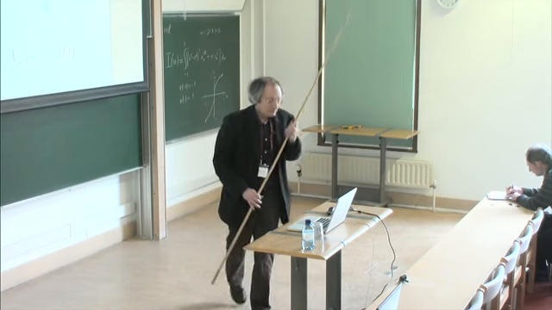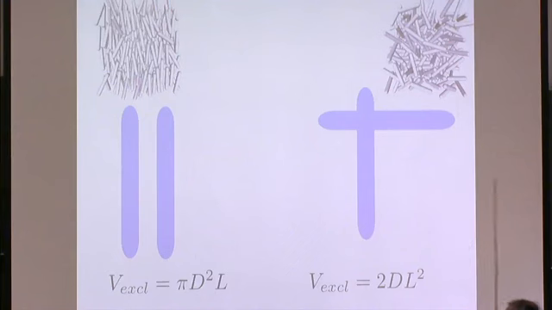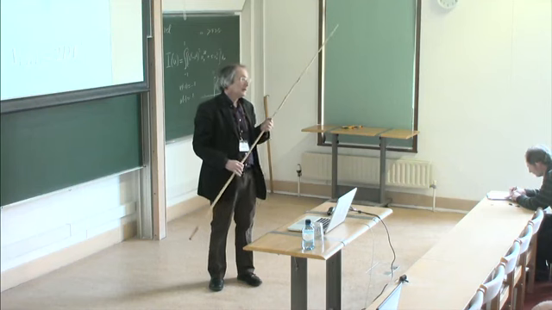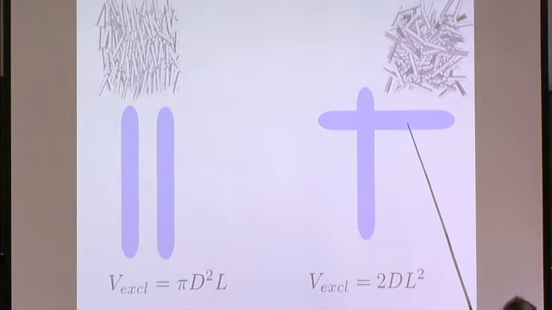So, very briefly, the physics underlying the Onsager isotropic-nematic transition. If you have a disordered fluid like this, particles point in all directions, the most likely relative orientation is perpendicular, and under those conditions, a pair of particles have an excluded volume that is twice the diameter times the length squared.